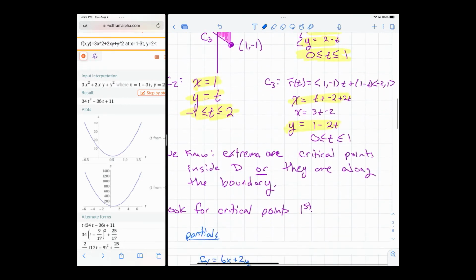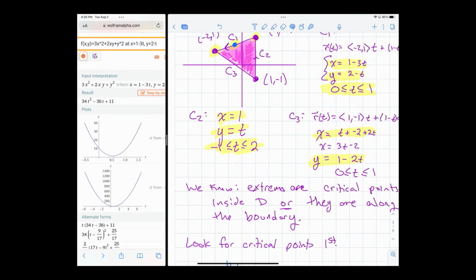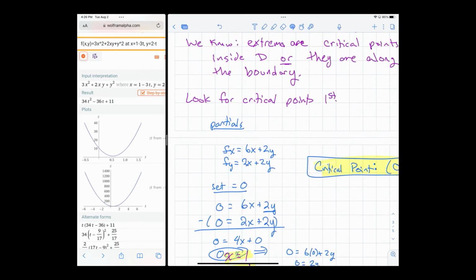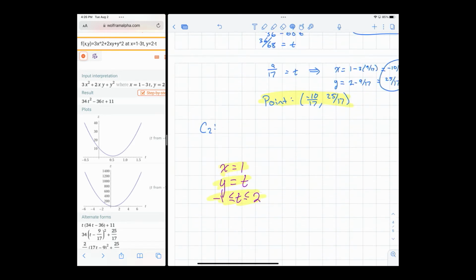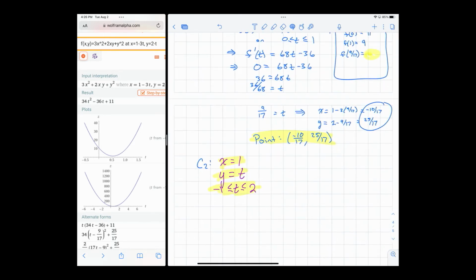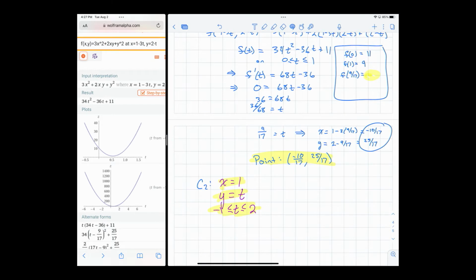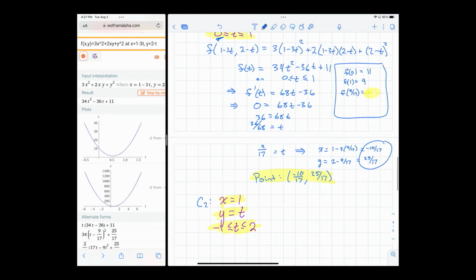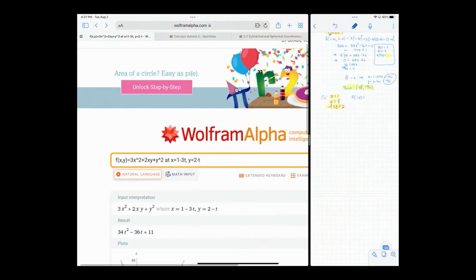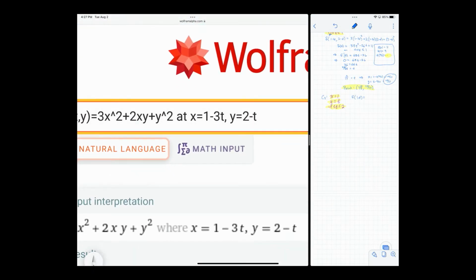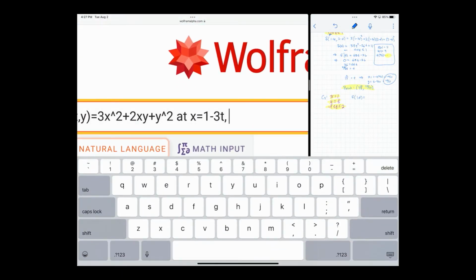So C2 is the easy one. Here's C2. The f started out the same, right? So we need f of 1 comma t now into that function. And that's why I keep this here. Remember how I plugged in my points by typing in the parameterization?